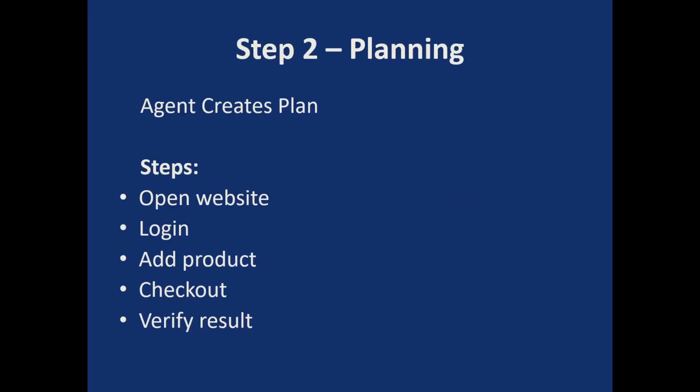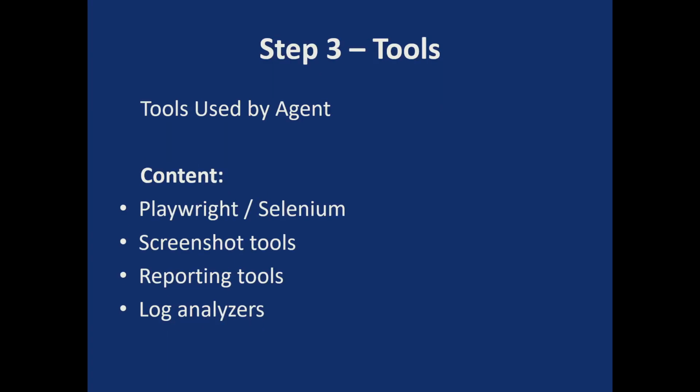The second step is that the AI agent makes a plan. It will think like a human. So it will create steps like open the SauceDemo website, login, add product, go to cart, checkout, enter details, finish the order, verify the confirmation message, take a screenshot and create the report.